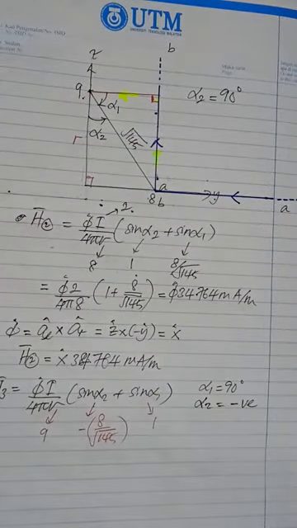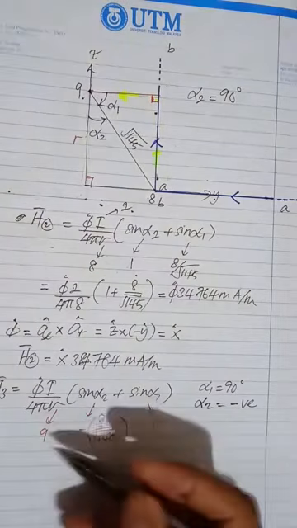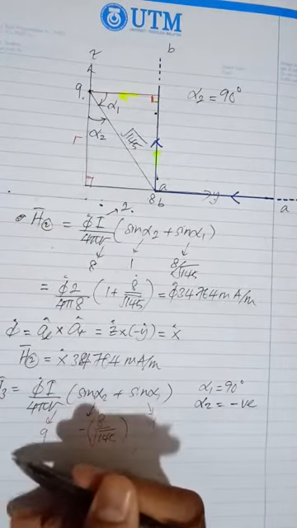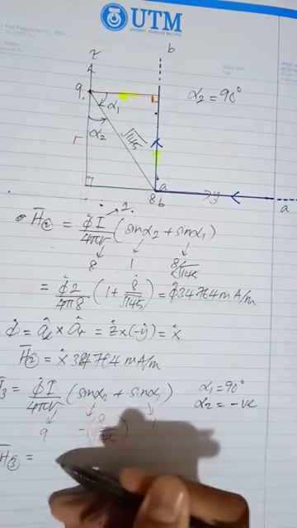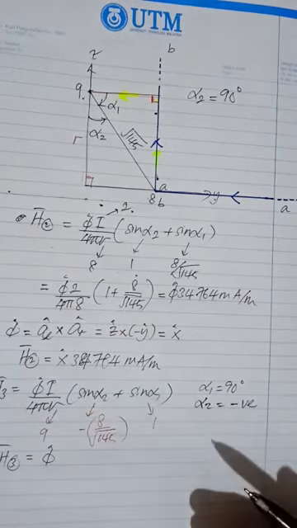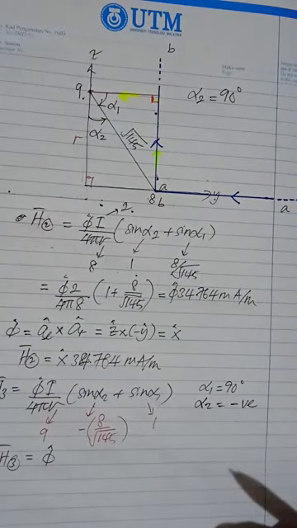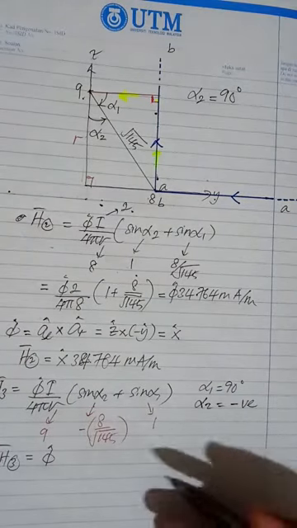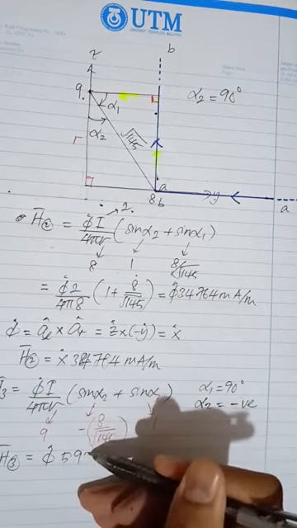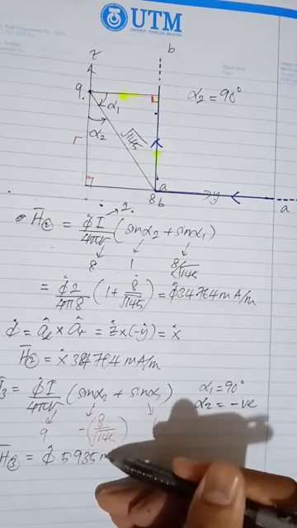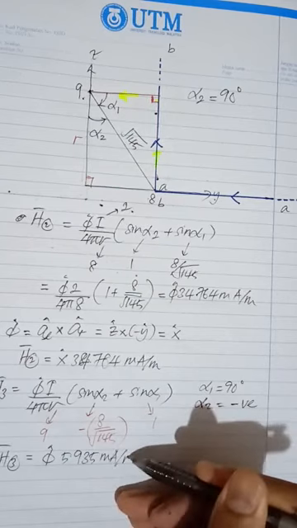Okay, let's put all the values inside. You are going to have the output of H3 becoming phi, and in this case we have the value of 5.935 milliampere per meter.